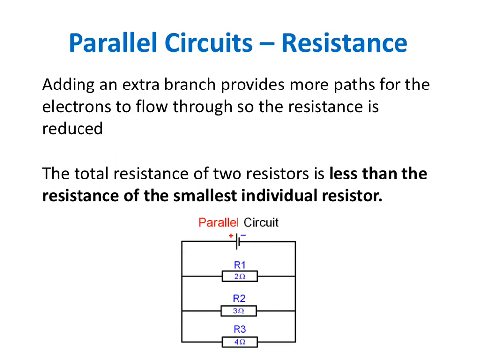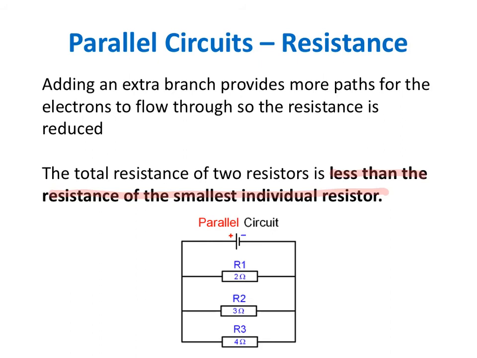Now, this is a really curious property. Whereas in series circuits, the total resistance was the sum of all of the resistances of each component, here we get something quite different. The total resistance in a parallel circuit is less than the resistance of the smallest individual resistor.